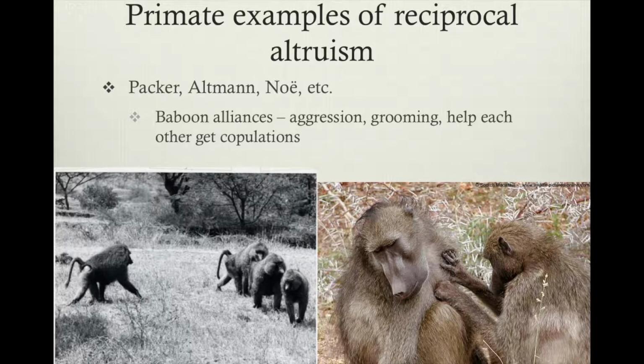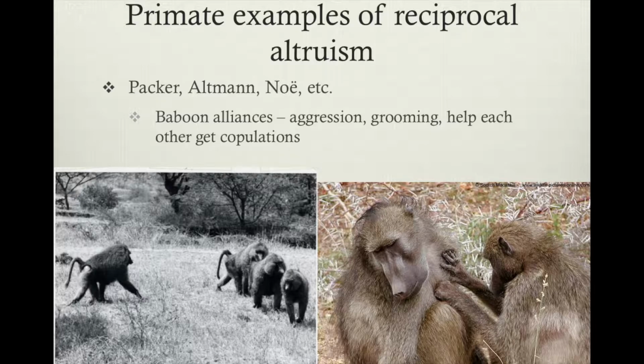So males will band together so that one or two of the males are distracting the adult male, the highest ranking alpha male, through perhaps aggressive behaviors or just annoying him, basically, like not leaving him alone and giving him a moment's peace.